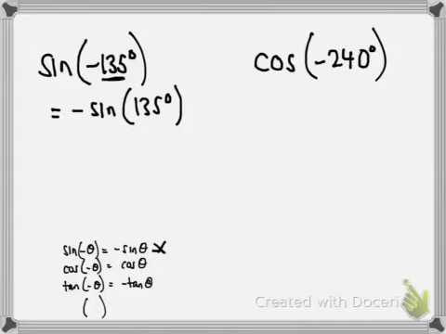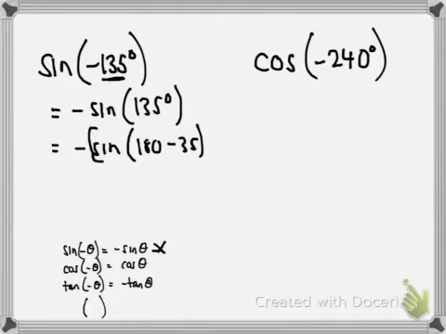Then we apply the rules that we looked at the other day. Equals negative sine, and we're looking at 135. It's in the second quadrant, so it's going to be sine of 180 minus 135.